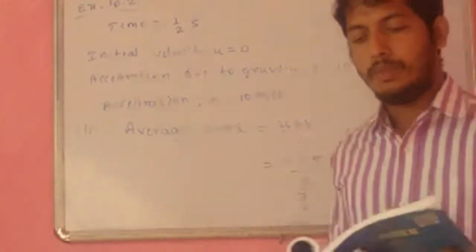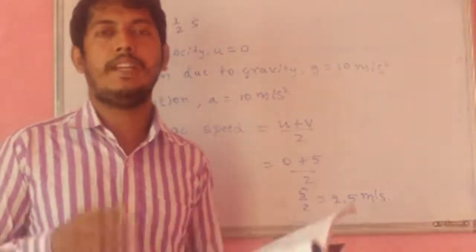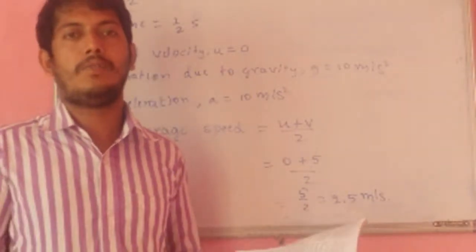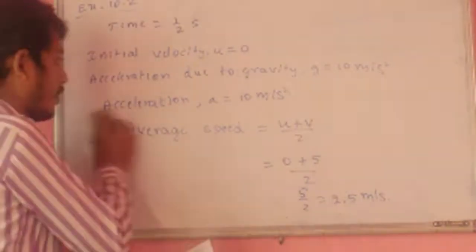The third one: we have to find how high the ledge is from the ground. That means we have to find the height, so in terms of distance. I will solve the third sub question now.